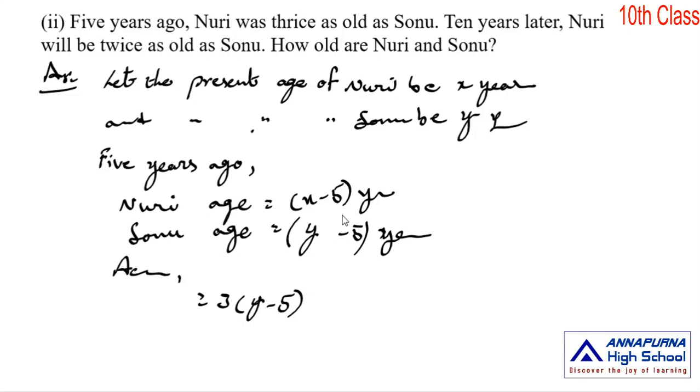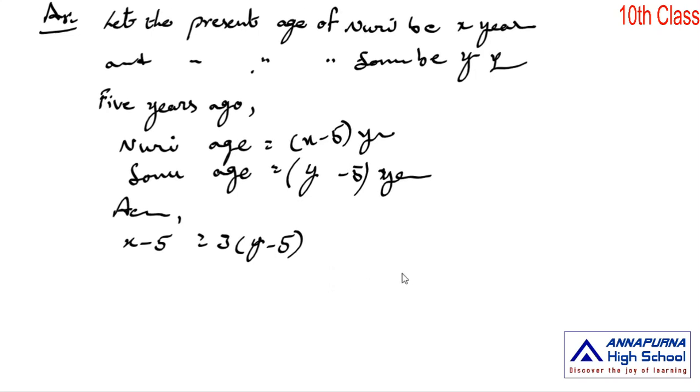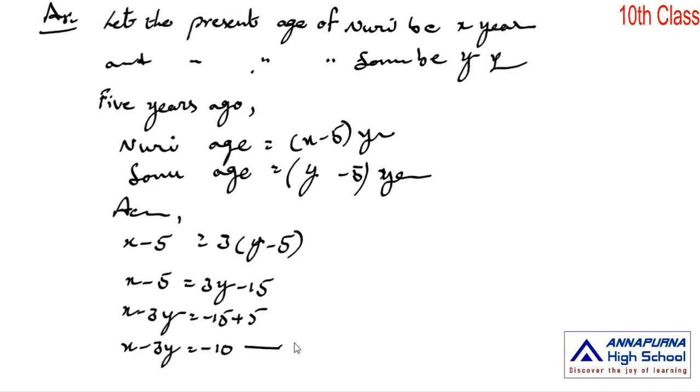It is equal to Nuri's age. So x minus 5 is equal to 3 into y minus 5. So this is the mathematical equation for the first condition, and write it in standard form of linear equation in 2 variables. So that implies x minus 5 is equal to 3y minus 15. So x minus 3y is equal to minus 15 plus 5. x minus 3y is equal to minus 10. This is the first equation.